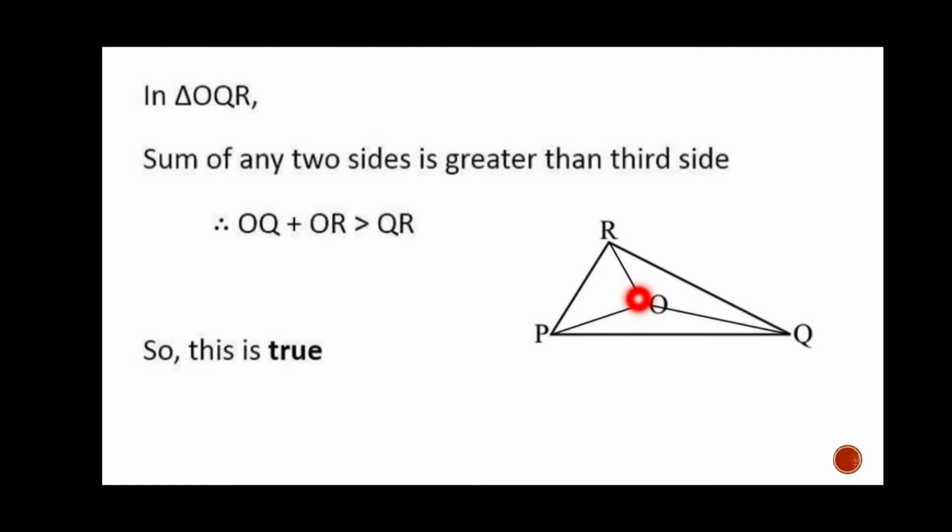Here OQ and OR are the two sides, and when we add these two sides it will definitely be greater than the third side, that is QR. So here also it is already a triangle, and this statement is also true.